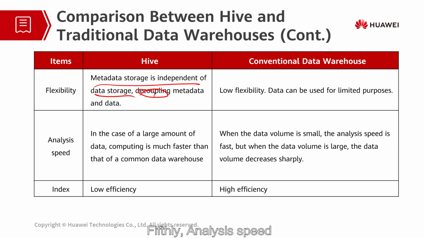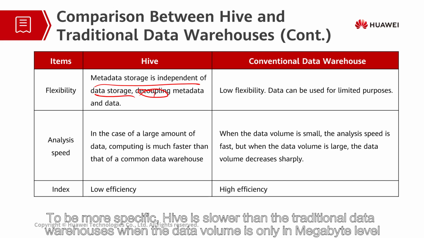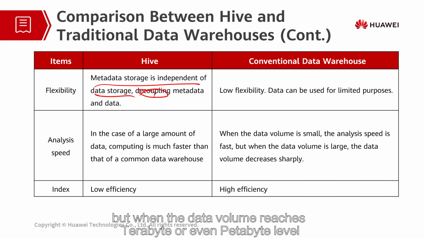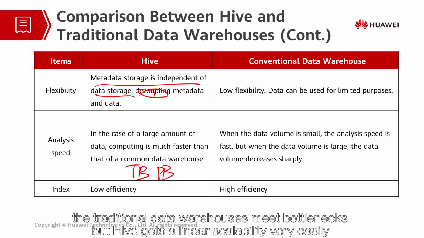Fifthly, analysis speed. For this aspect, it depends on the data volume. To be more specific, Hive is slower than the traditional data warehouses when the data volume is only at megabyte level. But when the data volume reaches terabyte or even petabyte level, the traditional data warehouses meet bottlenecks.